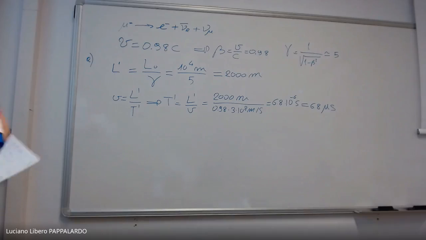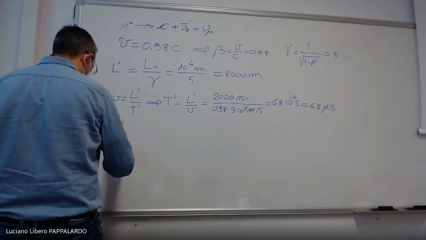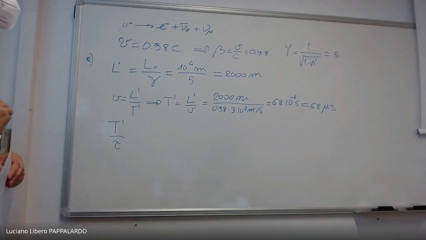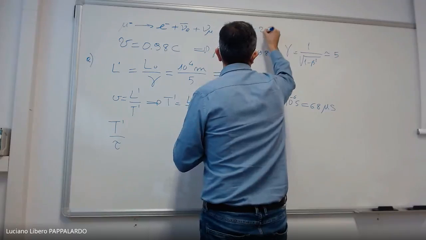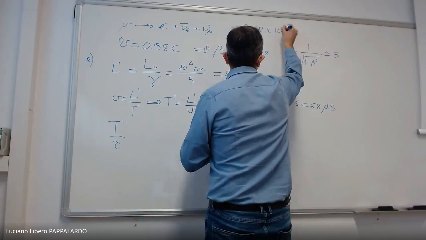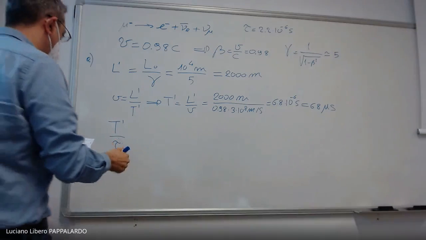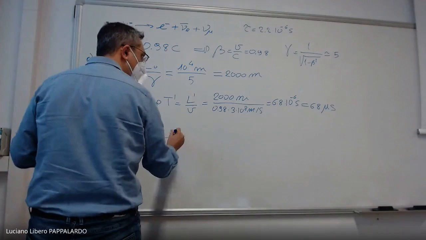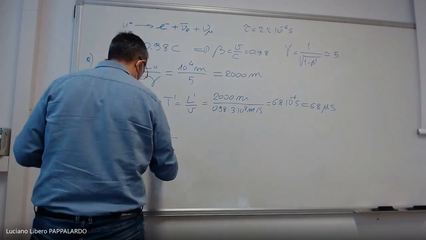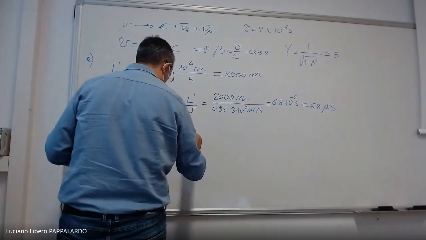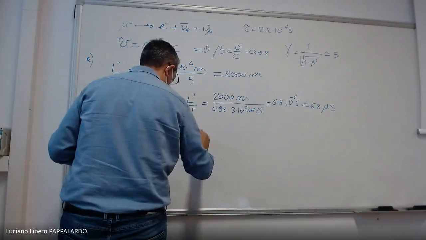And so now we can calculate the ratio between this time and the proper decay time of the muon, tau. This is given by the text, so tau is 2.2 × 10⁻⁶ seconds, or 2.2 microseconds. So we can calculate this ratio, and we get 6.8 microseconds divided by 2.2 microseconds, which turns out to be approximately 3.1.